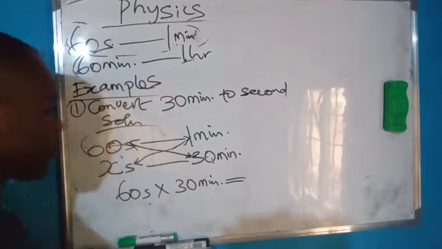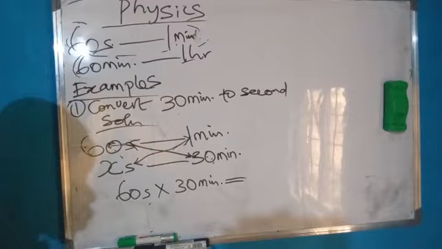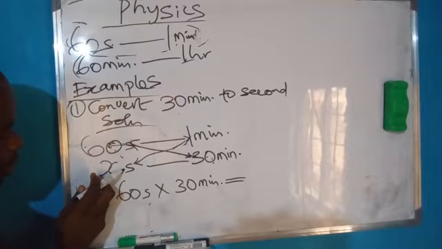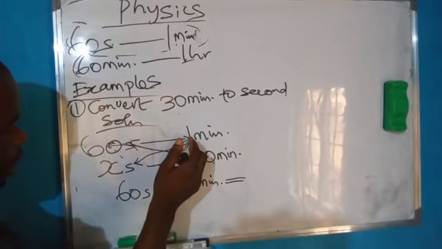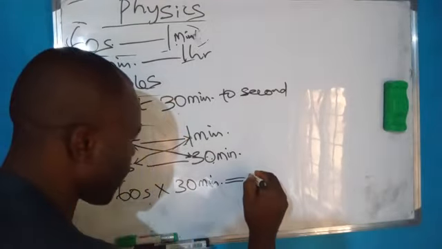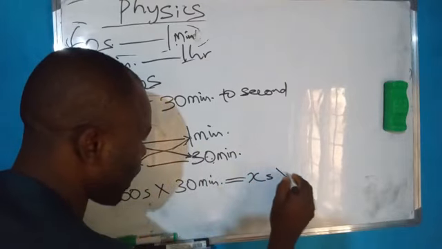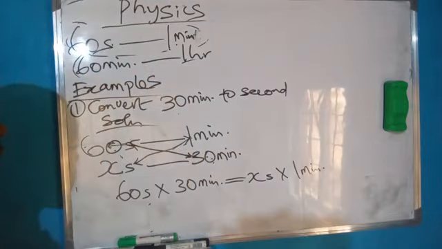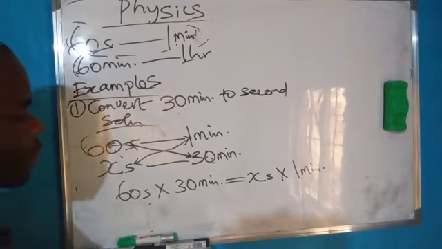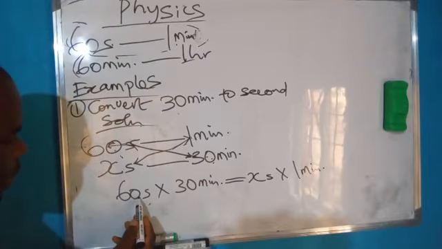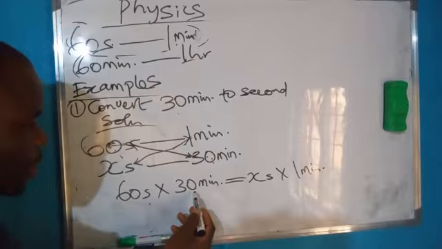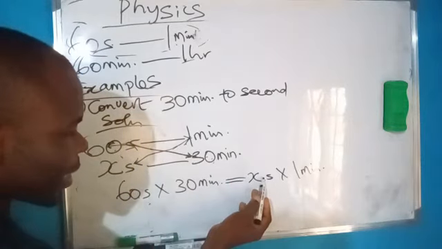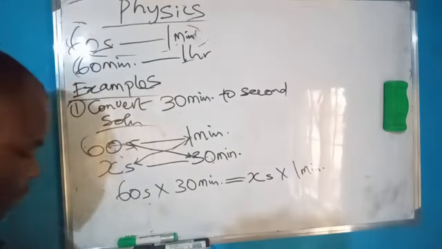Equal to x seconds times 1 minute. Okay? So now, 60 seconds and 30 minutes. Then make x the subject of the formula.